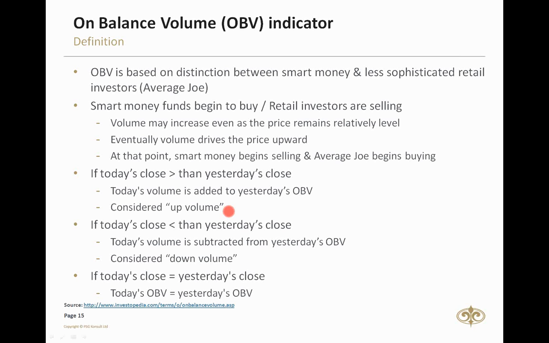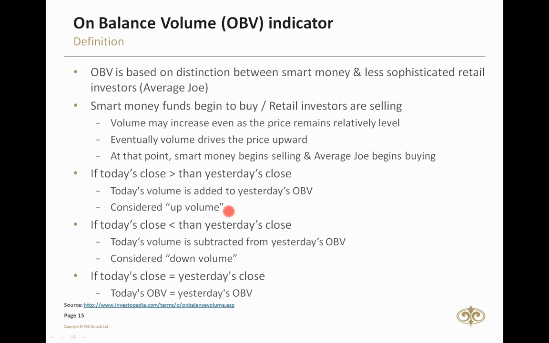As volume increases, the price remains relatively small, so they're accumulating the stocks as the small private investors are selling off. But eventually the volume starts picking up and the price starts moving up also. At that point, when the price has moved up, that's when the smart money starts getting out, and that's when average Joe begins to start buying again.